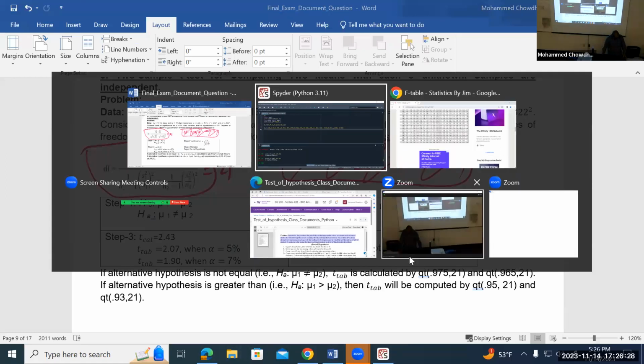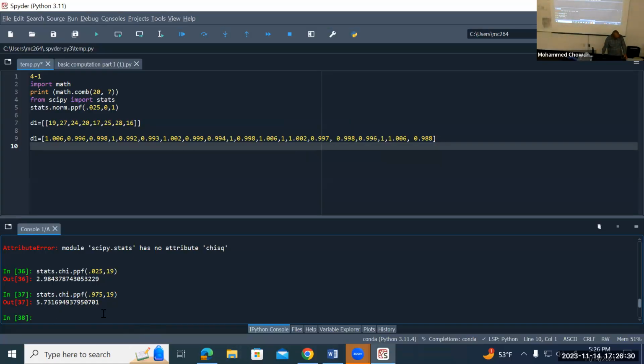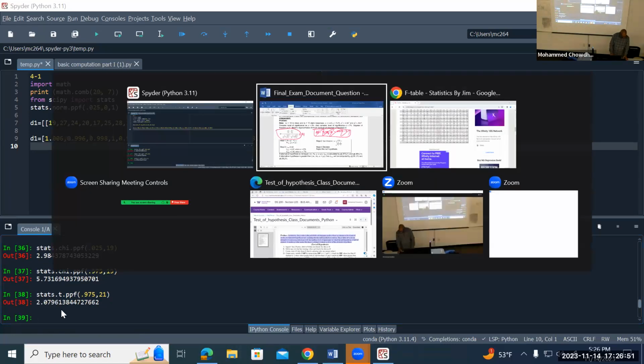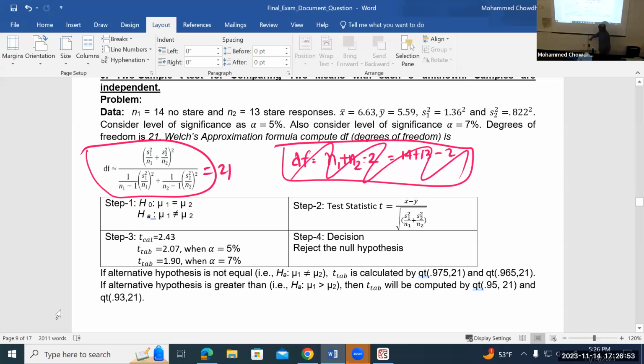In the 5% case, if you ask me to compute, we have to use T, and then 5% with degrees of freedom equal to 21. So this is the result, 2.07. Are you seeing 2.07?